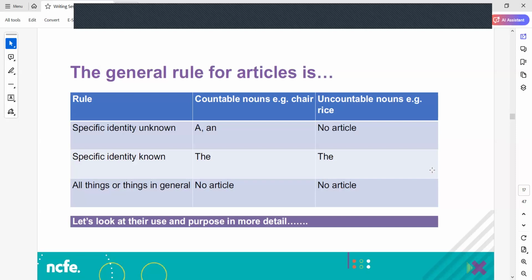If we're talking about all things in general, we don't use an article at all. So for example, we're talking about horses, horses like running, then we're not using an article at all, because we're just talking about horses in general.